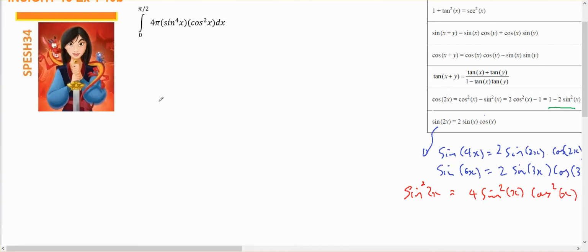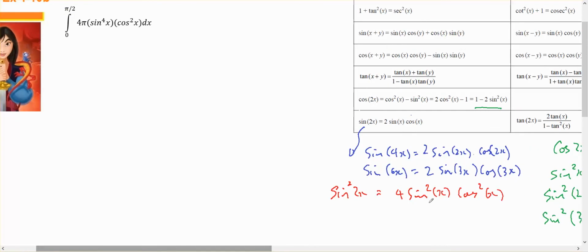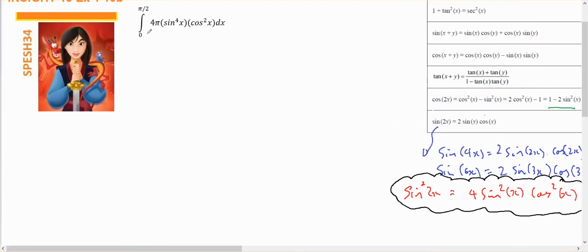Okay, what I'd like to do here is set this up. And I can see that I've got 4 sine 4 cos squared. I could turn my sine 4 into a sine squared sine squared.